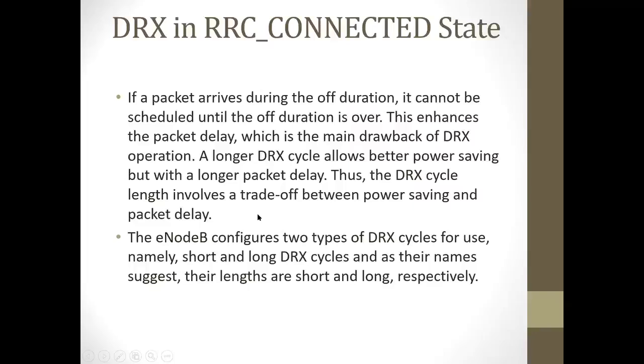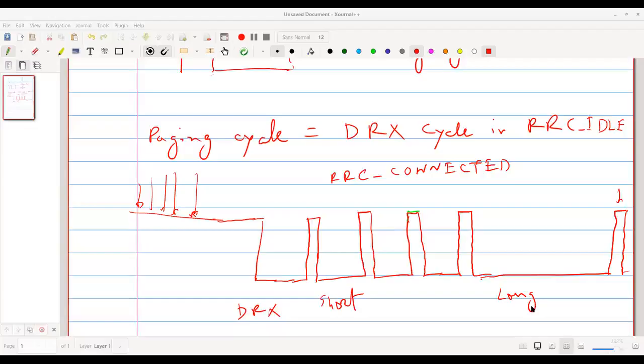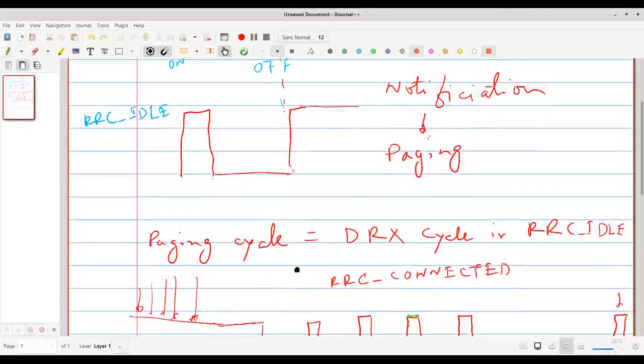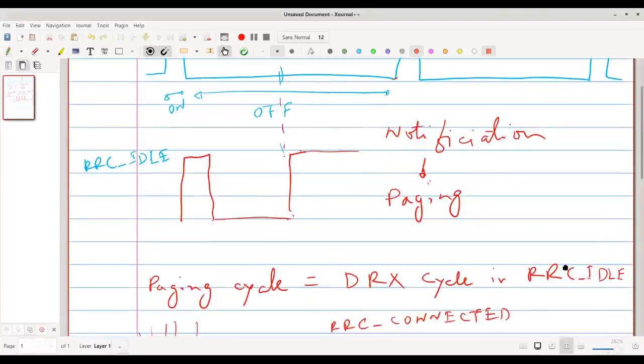In our RRC idle state, it's a trade-off between call setup delay and power saving. Maybe I'll write it down.